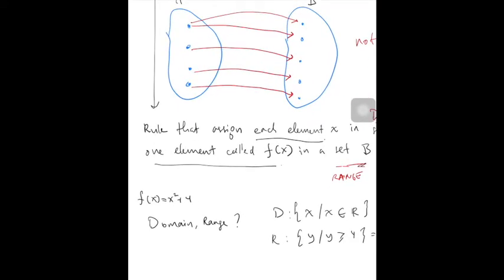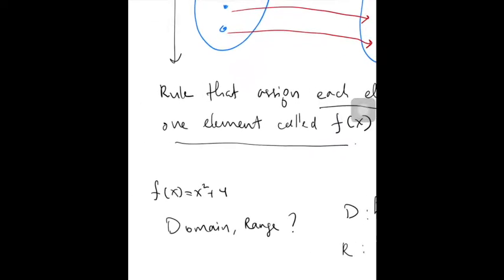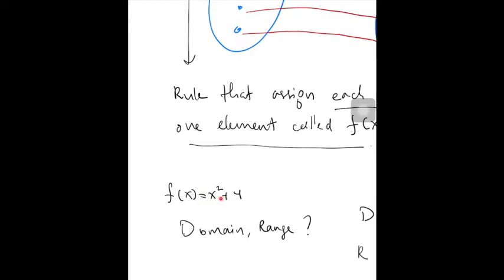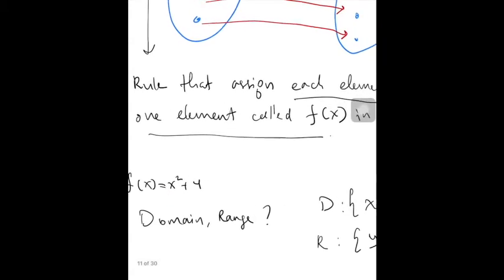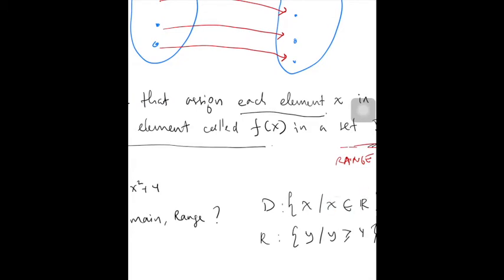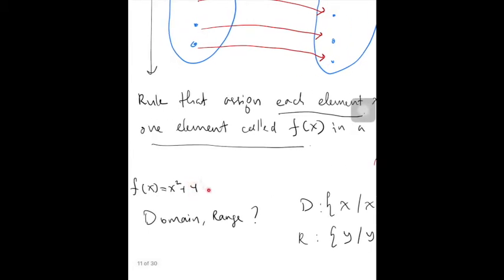Okay. To give you a glimpse of what range or domain is, let's see here. We see our simple function here, x squared plus 4. Of course, if we try all possible numbers for x, we can say that all x is possible in real numbers. So we can say that x is an element of the real numbers. But for range, okay, we see it has plus 4.